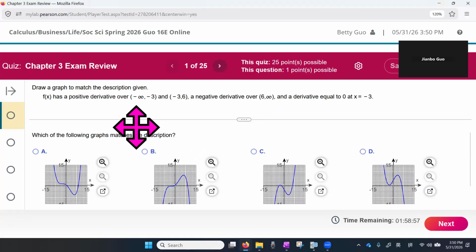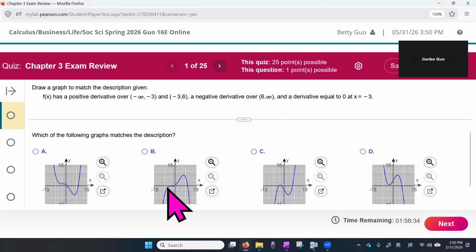This information tells us the function f is increasing over negative infinity to negative 3 and negative 3 to 6. The function is decreasing over 6 to infinity. And the function has a horizontal tangent line at x equals negative 3.